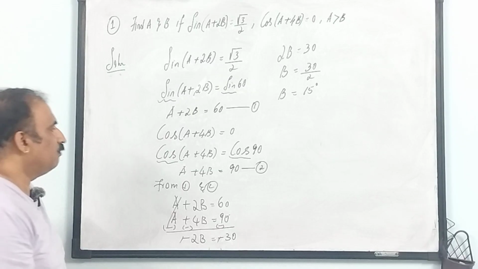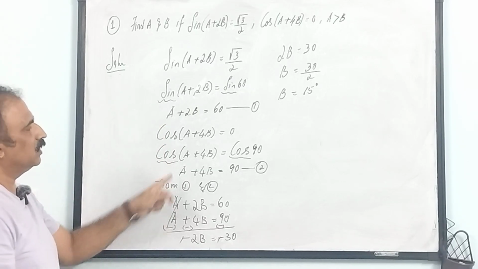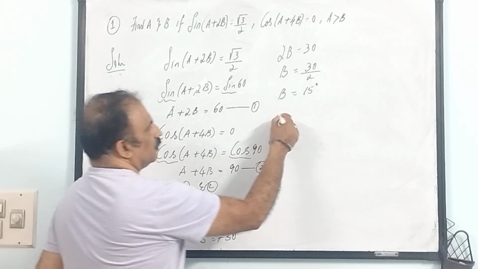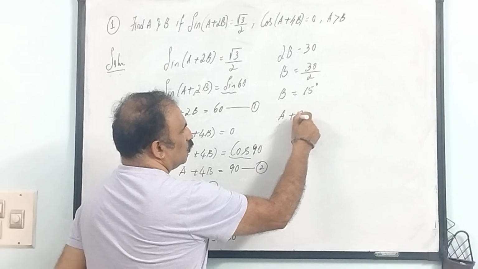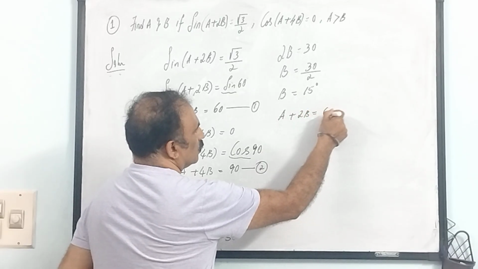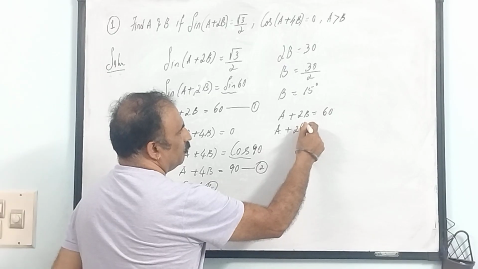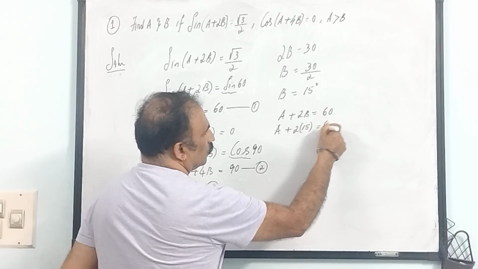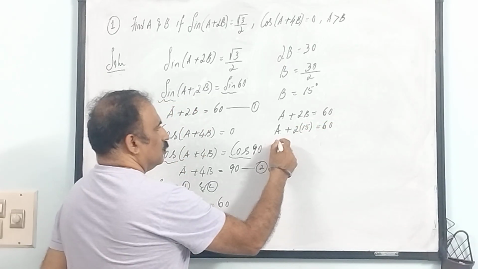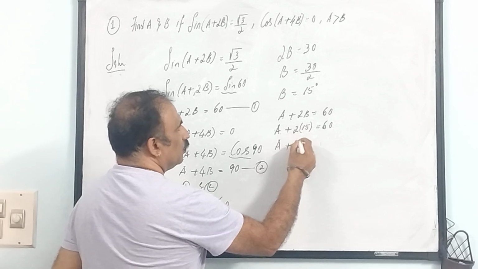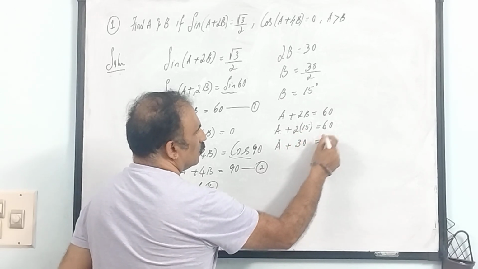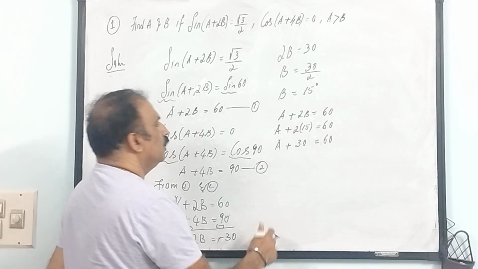Now next you have to find out A value. Either consider first equation or second equation. I'll take up the first equation. A plus 2B is equal to 60 degrees. So A plus 2 into B, which is 15, is equal to 60 degrees. So A plus 2 times 15 is 30, equal to 60.